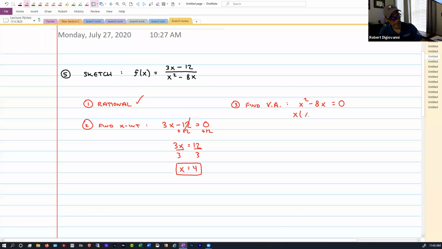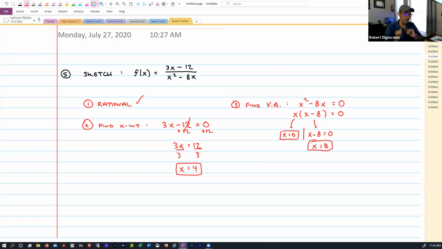Pull a GCF out. As soon as you pull a GCF, you can set each factor equal to 0, and you get 2 answers, 0 and positive 8. These are not dots on your x-axis. These are those vertical barriers that you're going to draw.